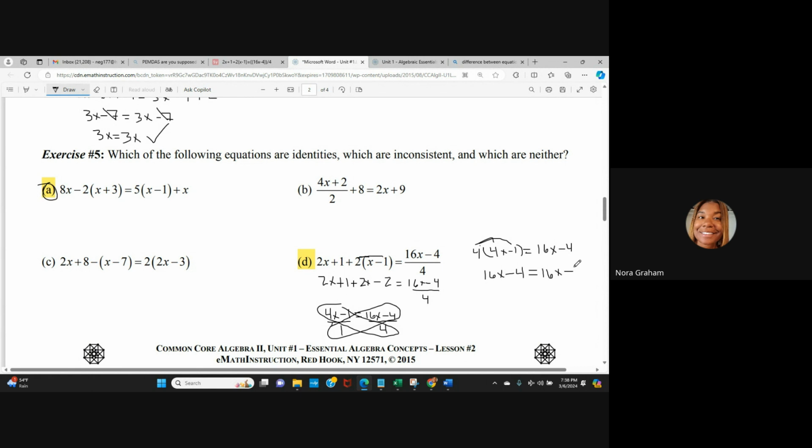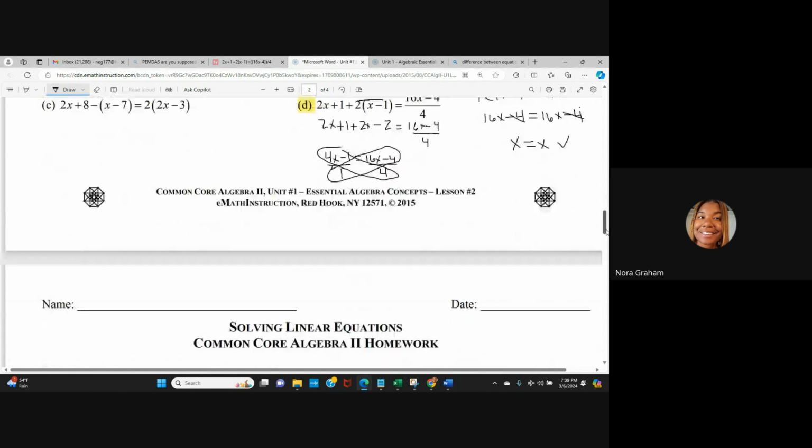This is starting to look like an identity, right? So I cancel these 4's out because if I add them to both sides, those will cancel out. I could divide both sides by 16. So I can get x equals x, just like how we got in the last exercise. This is an identity, okay? So D is going to be an identity because both sides are equal to each other when we solve for x. Okay, nice.